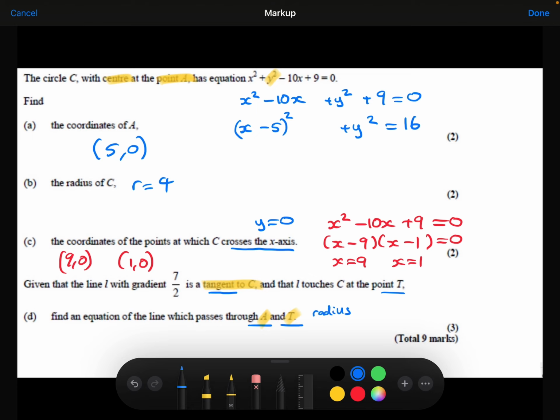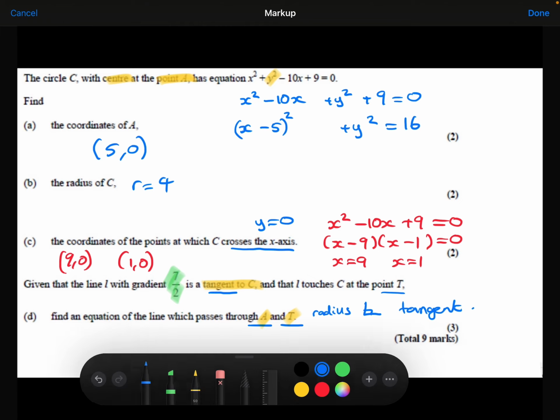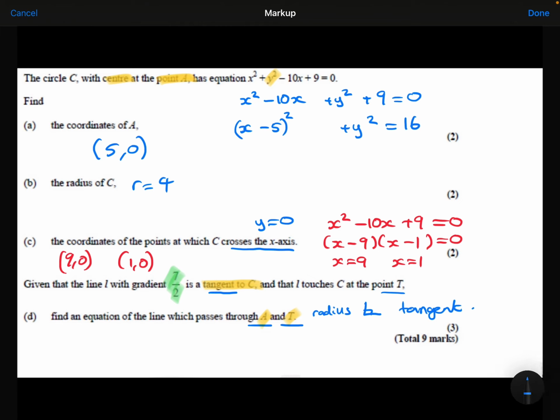Or it's going to include the radius anyway, which is going to be perpendicular to the tangent. Which means that its gradient is going to be the negative reciprocal of 7 over 2. So I'm going to write down y equals mx plus c.